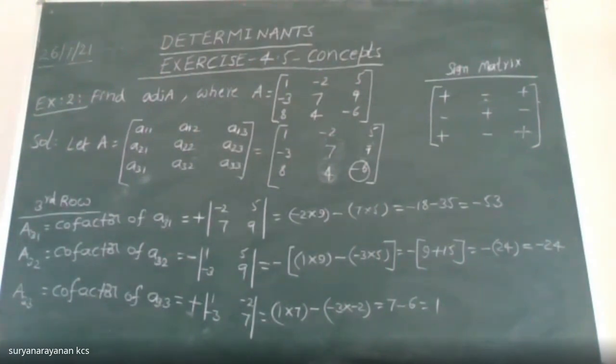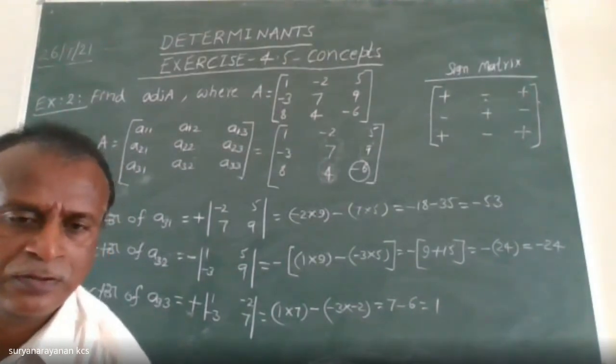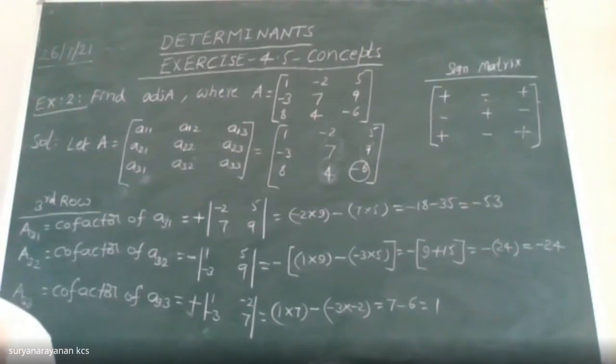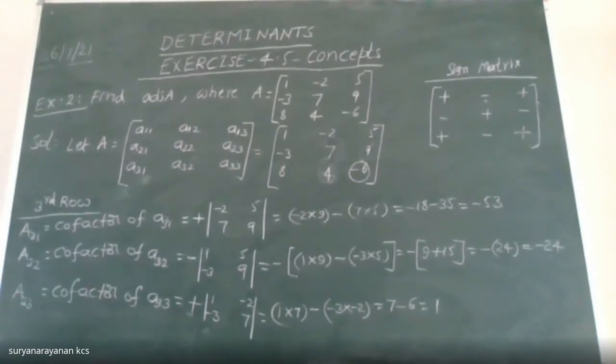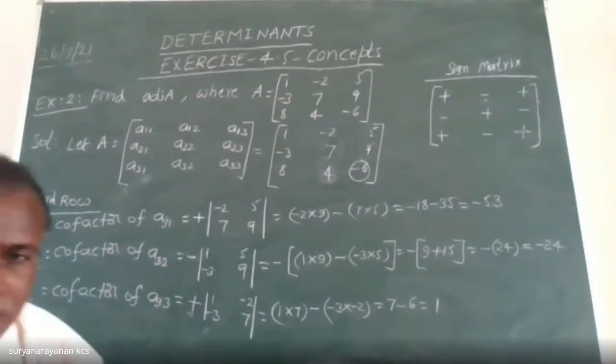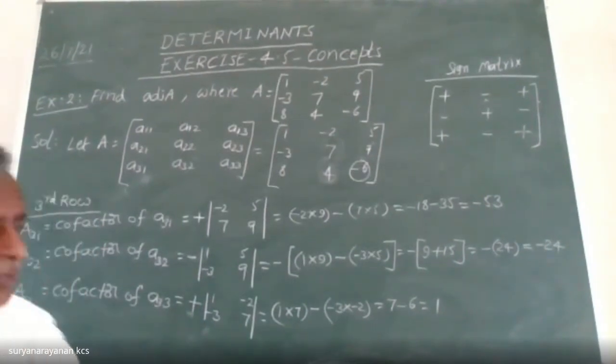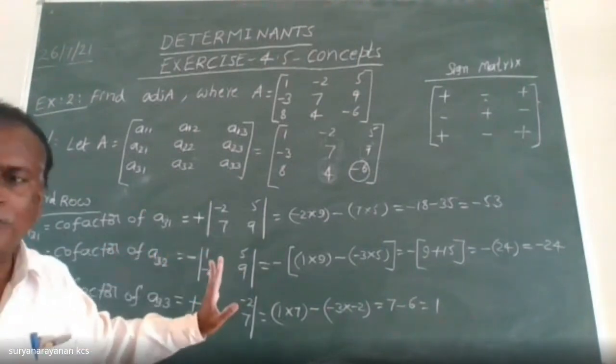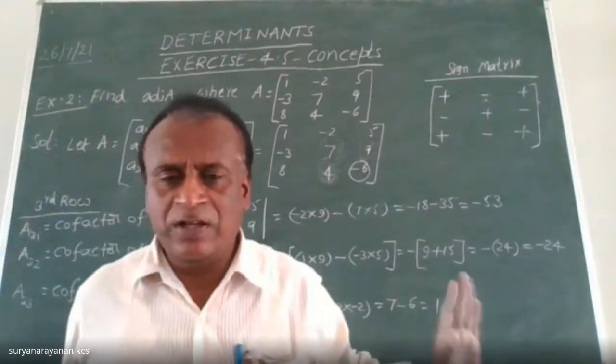Okay, my children, this is about the cofactors of every row. We have found the cofactors of every element in every row.